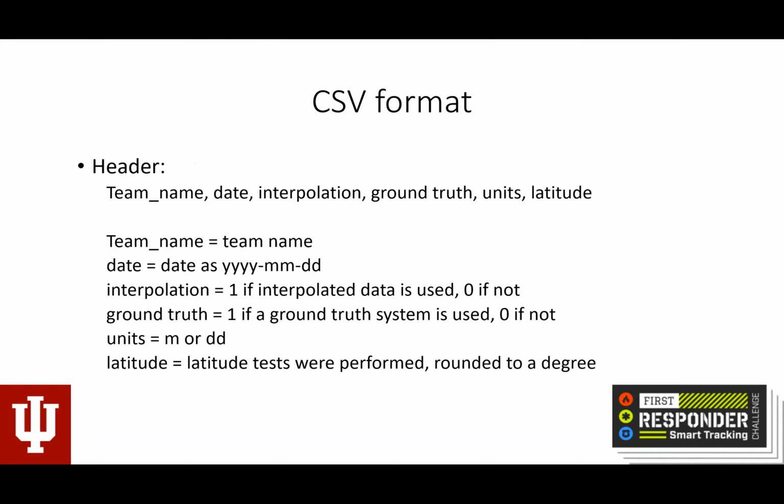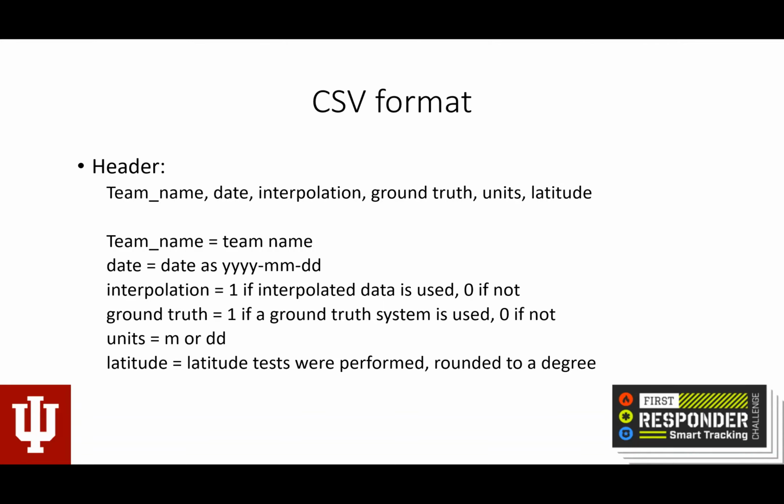And next, the actual CSV format itself. In the header, we ask for your team name, date, whether or not you're using interpolation, which I believe is just a 1 or a 0. Ground truth, whether or not a ground truth system is used, 0 if not. Units, either M for meters or DD for decimal degrees, and finally latitude.